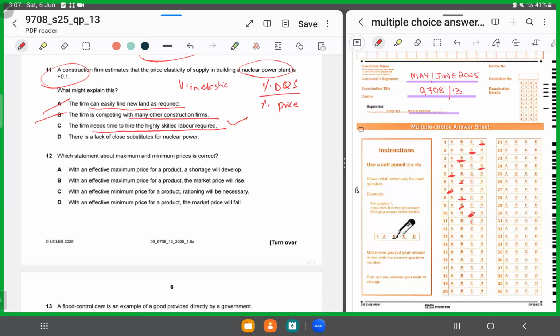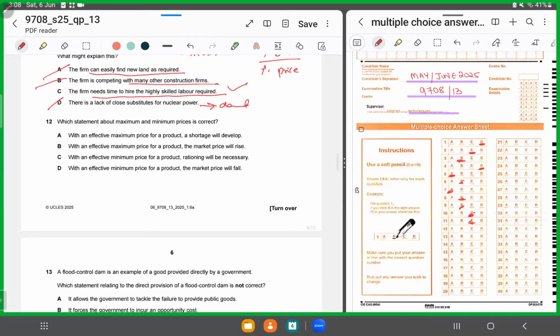It cannot be D because D is talking about demand, and over here we are talking about supply. So it's not A, it's not B, it's not D. The correct answer has to be C. So for 11, we'll choose C as the correct answer.